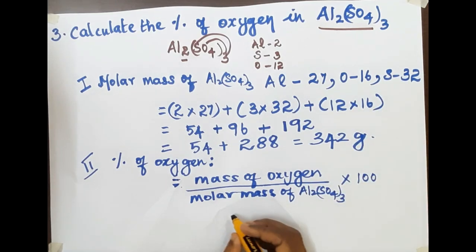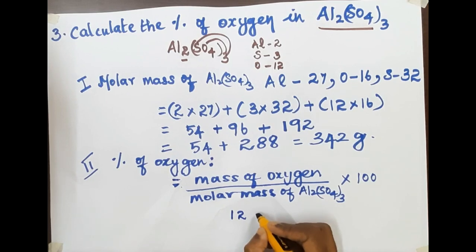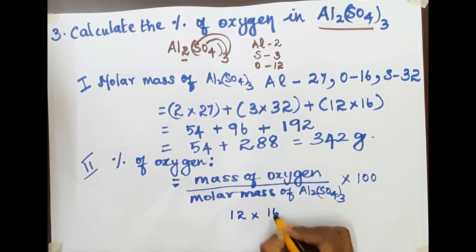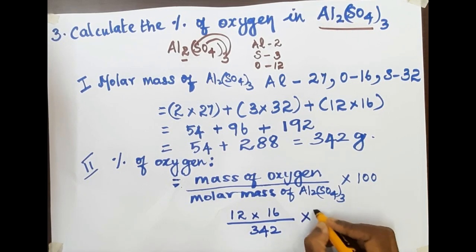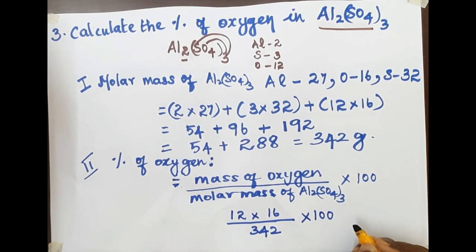So what is that? See here children. 12 into 16 divided by 342 into 100. Is it clear?